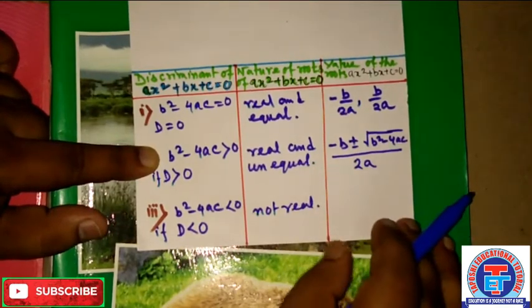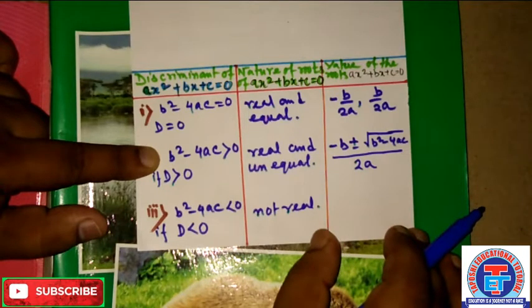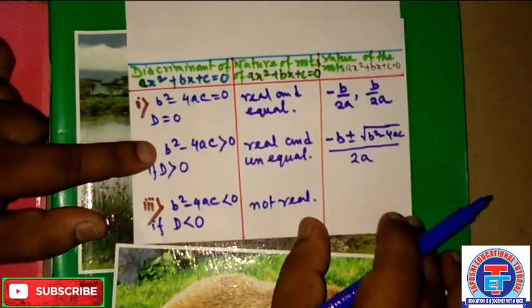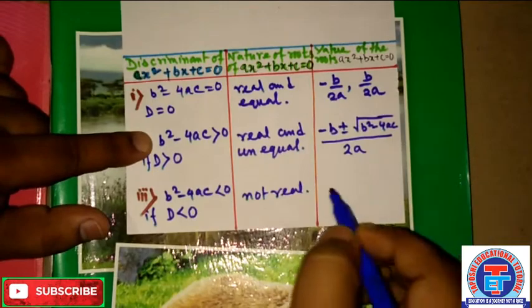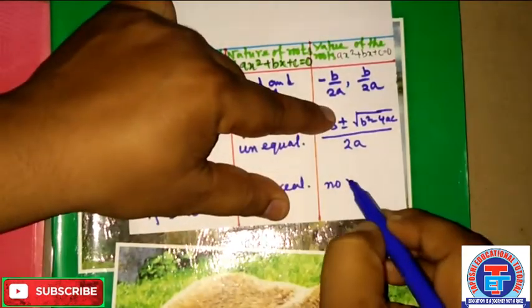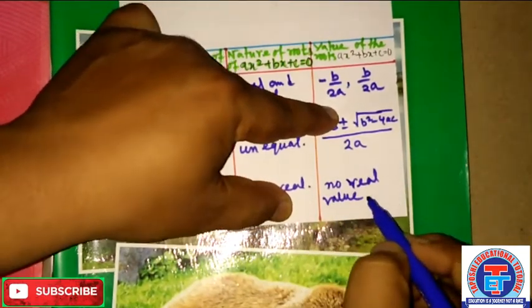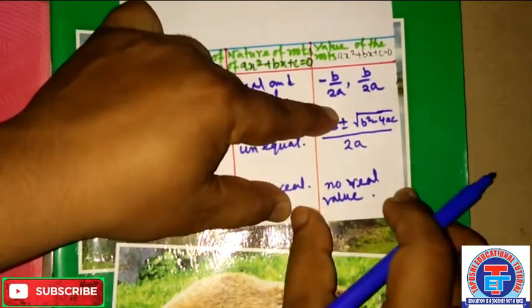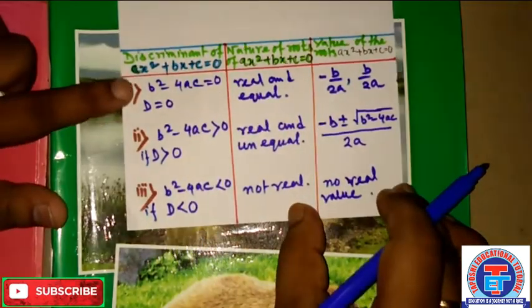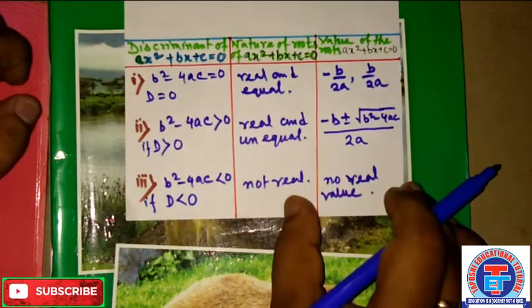That means here, no real value of the roots we find. Hope this tabular form that you understand very well.